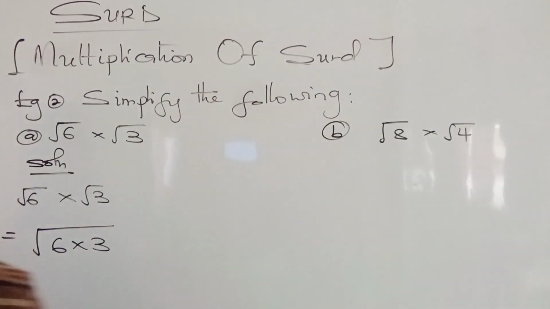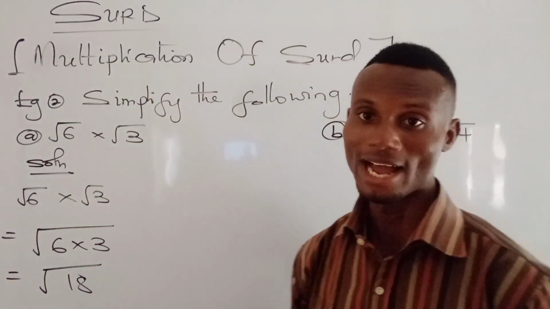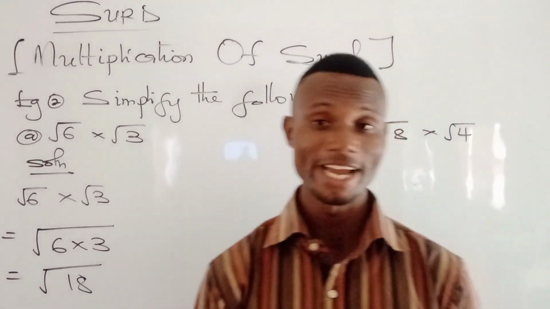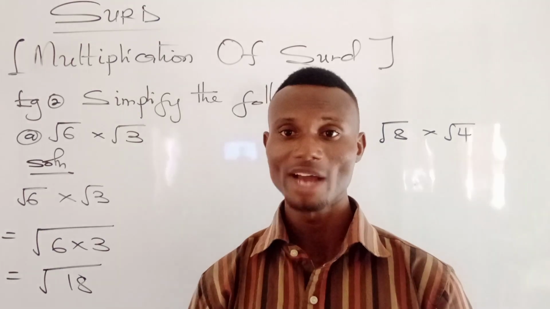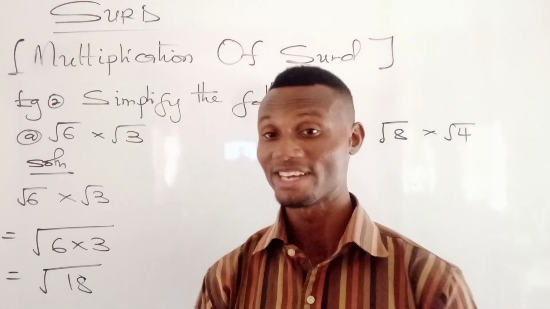Let's simplify further. This one is going to be square root of 6 times 3, which gives 18. So we are going to get square root of 18. And now the square root of 18, we can still simplify further. We've learned about simplification of SURD, so we are going to apply that knowledge here. That's why I keep encouraging you to watch the previous video, because I've taught you simplification of SURD.